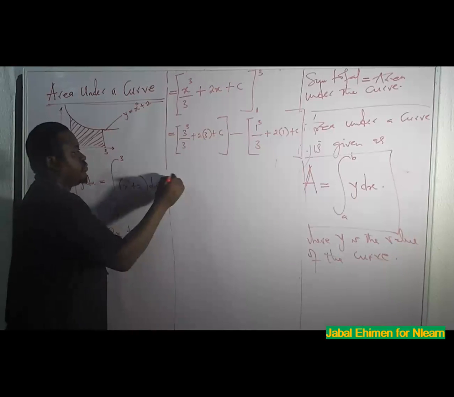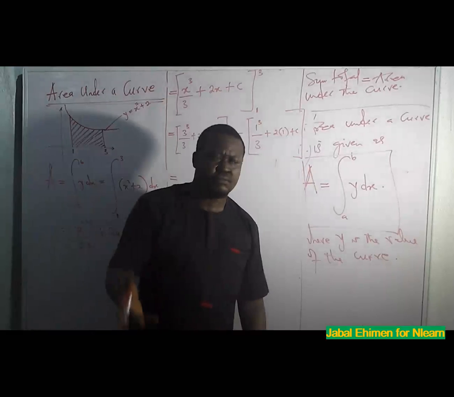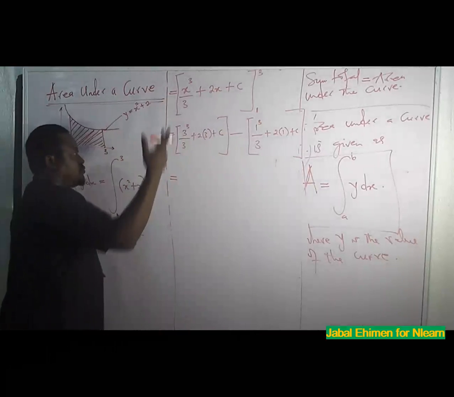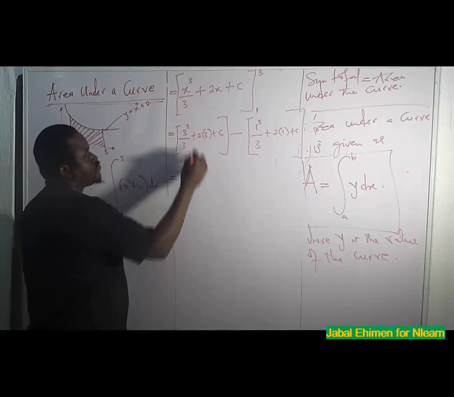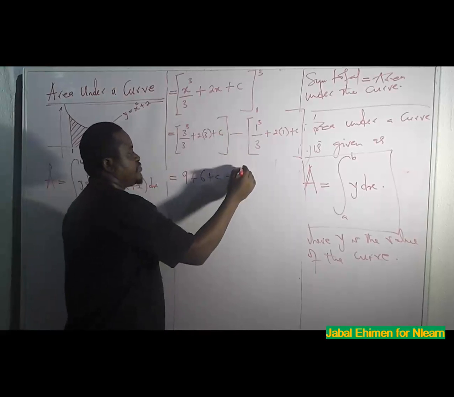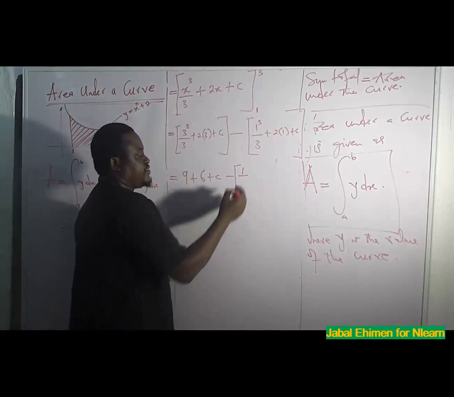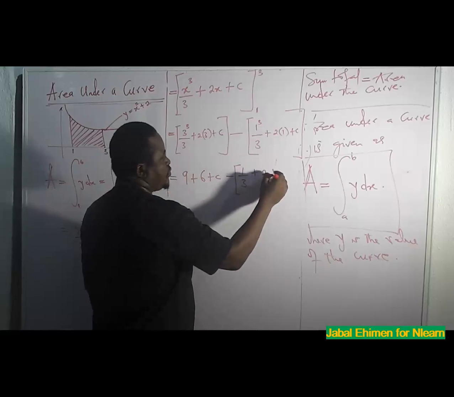So let's go. That gives us 3 raised to power 3, which is 27. You divide it by 3, and that becomes 9. 2 times 3 is 6, plus c. Minus 1 over 3 plus 2 plus c.